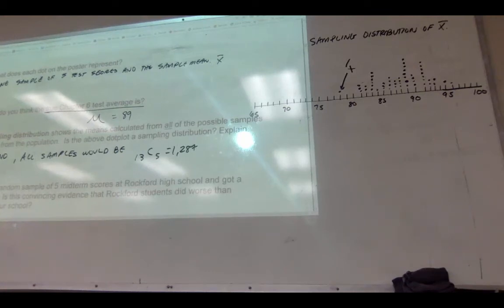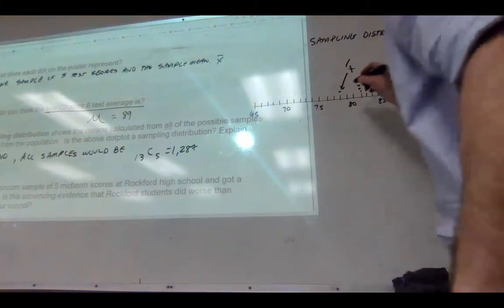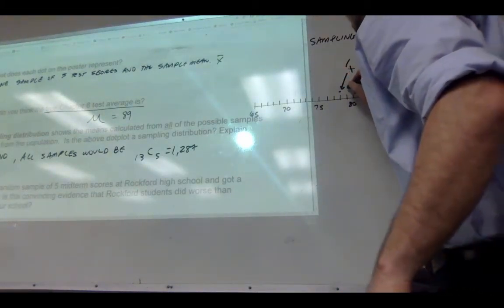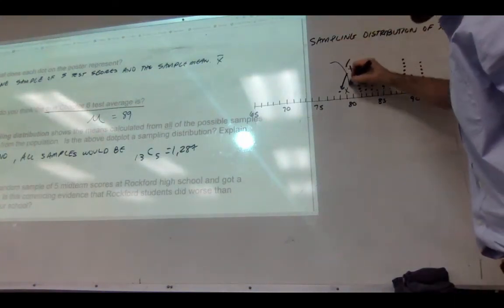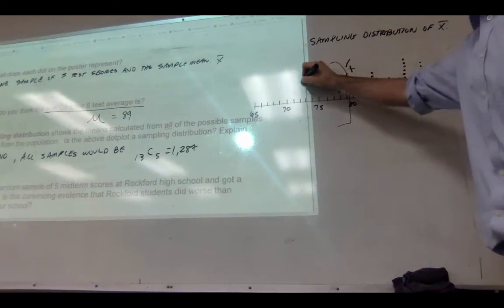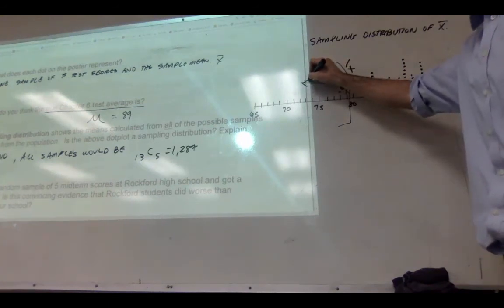So there was only a 2.5% chance. Because remember, in their class, we would have only taken a sample of 5. So let's say the sample of 5 that I got from their class was right here. What I would be evaluating is the likelihood of getting 79 or less purely by chance.